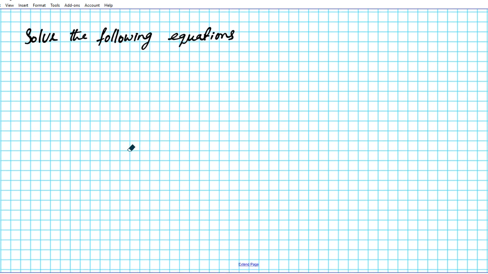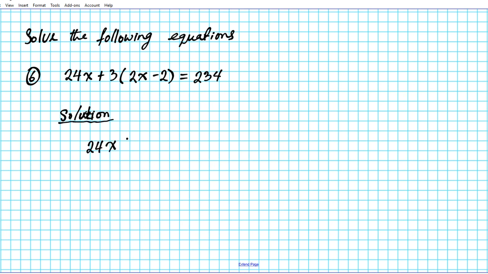Alright, so for question 6, let's say we have the equation 24x plus 3 times 2x minus 2 is equal to 234. Alright, let's go ahead and solve this. Our solution is as follows. We have 24x plus 3 times 2x minus 2 is equal to 234.